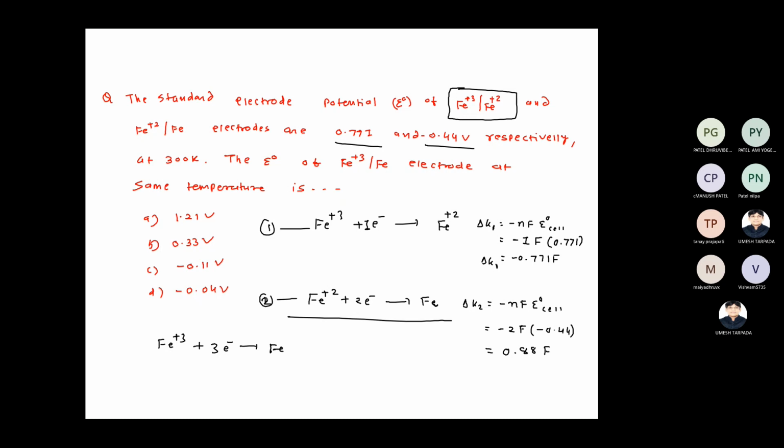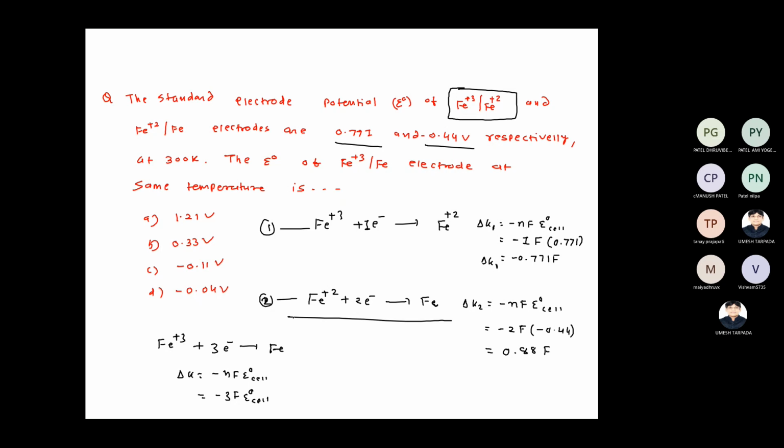What can you do in order to get this equation? For this equation, delta G is equal to minus NFE cell. E cell we are going to calculate. So N is equal to 3. Now how do we get this equation? Here you need 3 electrons.